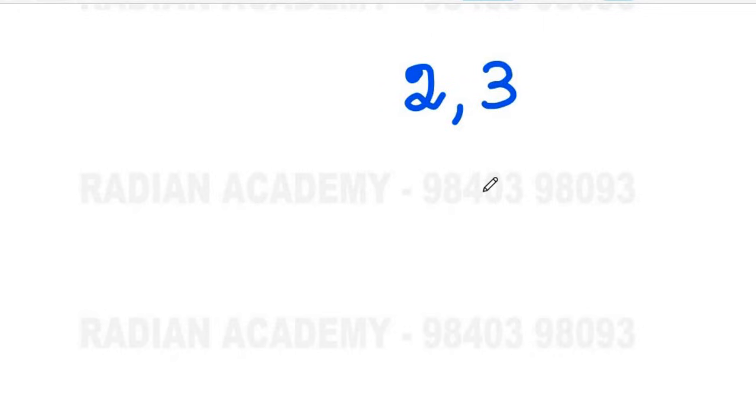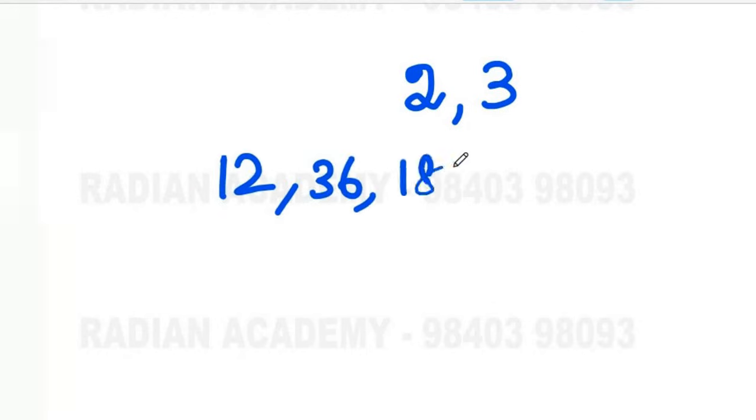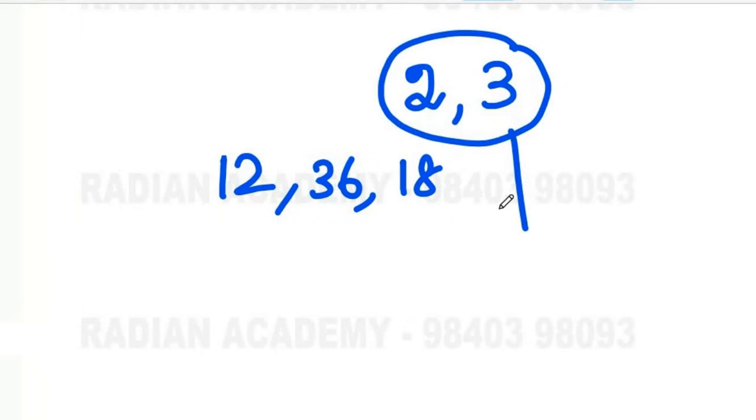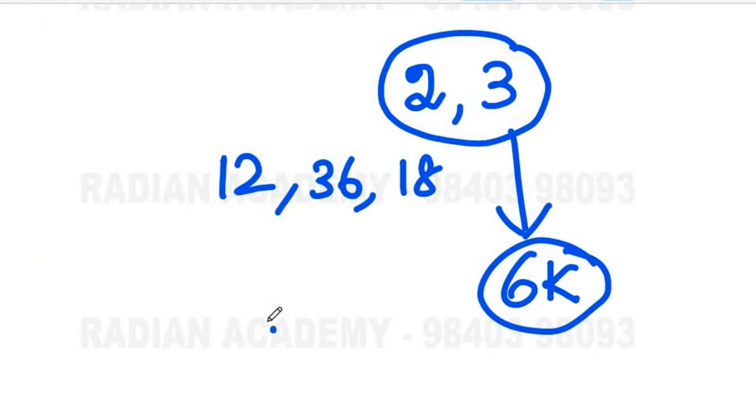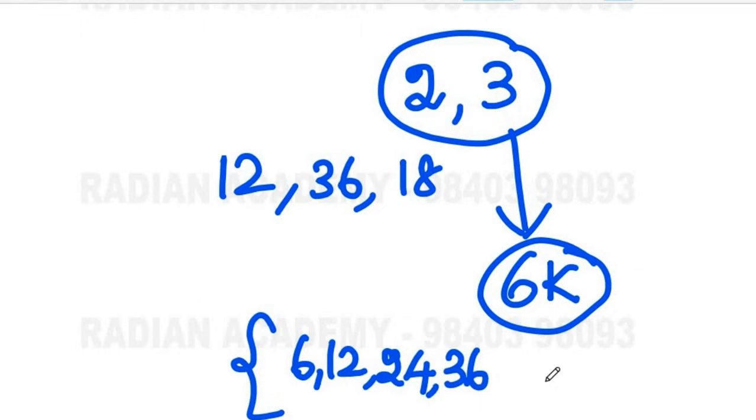That's the best answer. All common multiples. So the answer is not only 6. It can be 12 also, 36 also, 18 also. So the number which is divisible by 2 and 3 is a multiple of 6, which means 6k. Therefore, the numbers divisible by 2 and 3 are 6, 12, 24, 30, then 36, and so on.